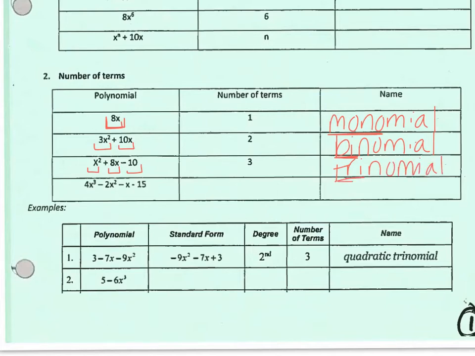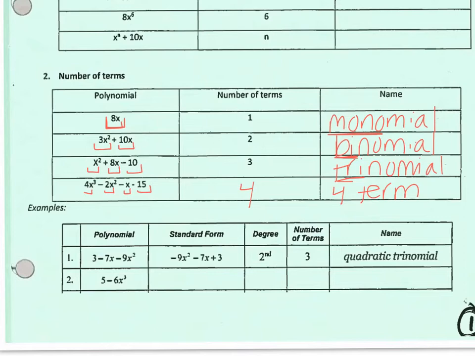And then this last one is a 4-term polynomial. Just like with the degrees, we run out of names after 3 terms. So we would just call this a 4-term polynomial.